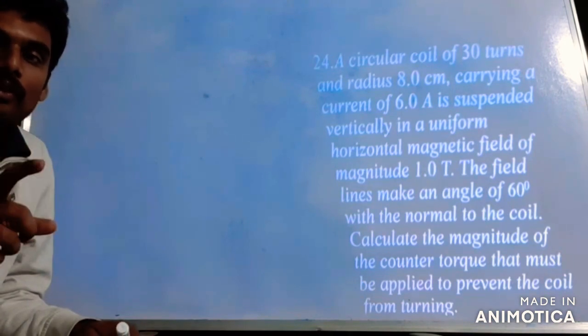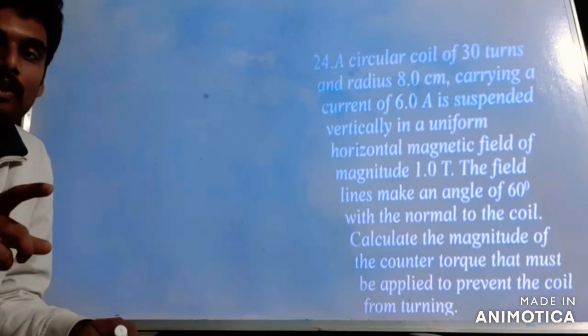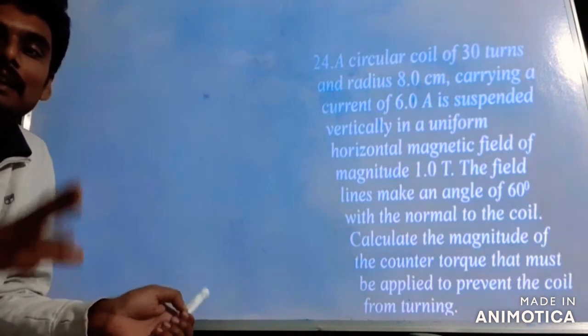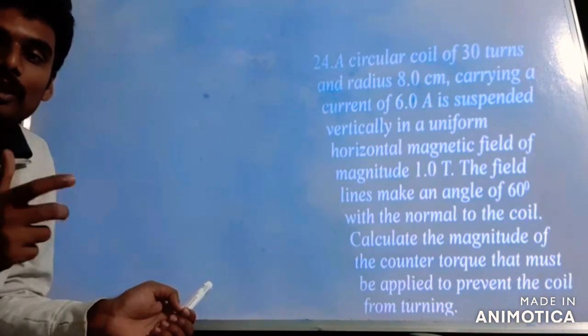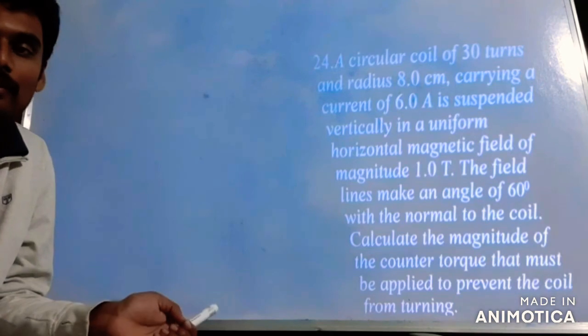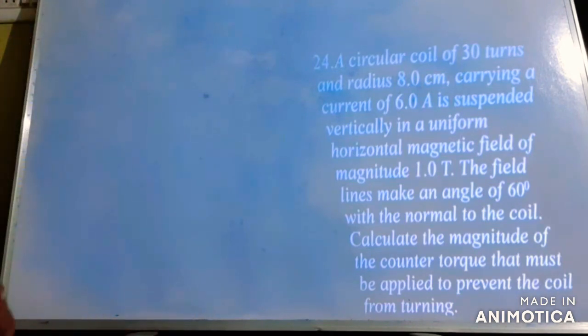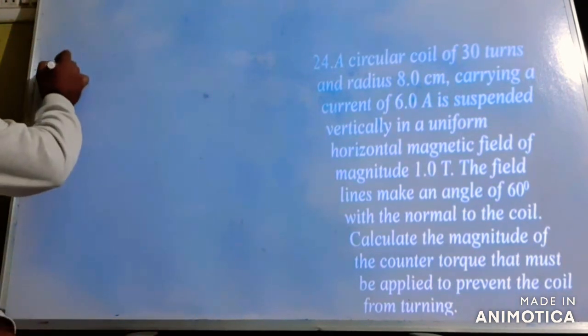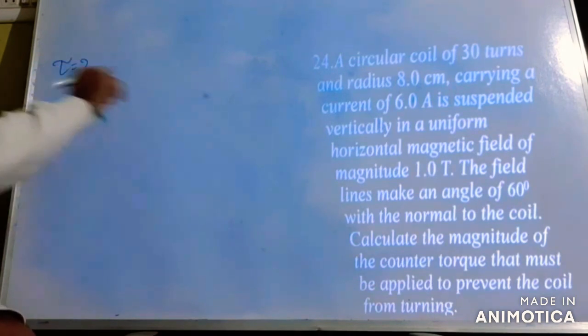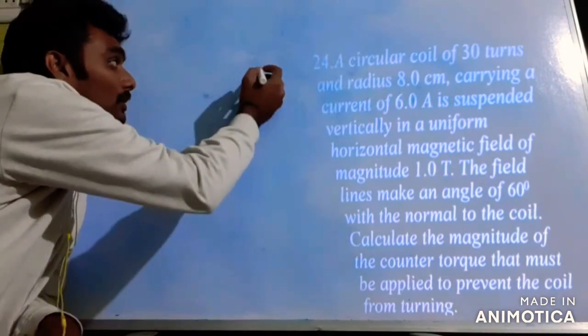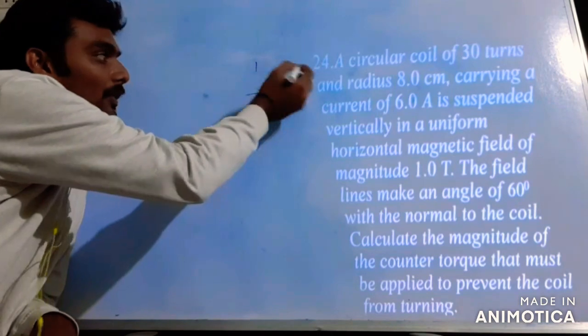Okay, so now we are going to apply the same amount of torque, and hence if we get the amount of torque experienced by that current carrying coil, that would be enough, right? So we should first get the value of torque experienced by this coil in the field. Now let me visualize the coil.